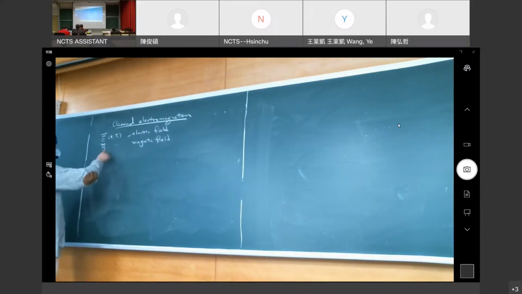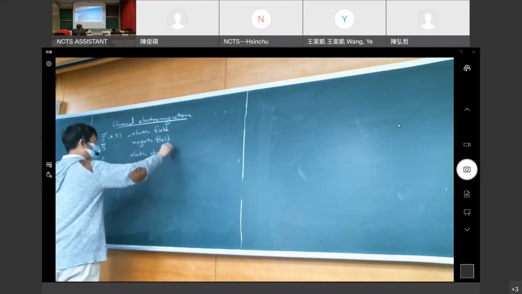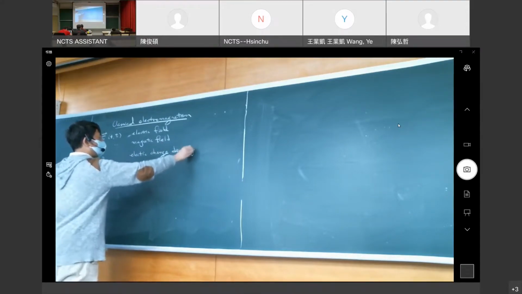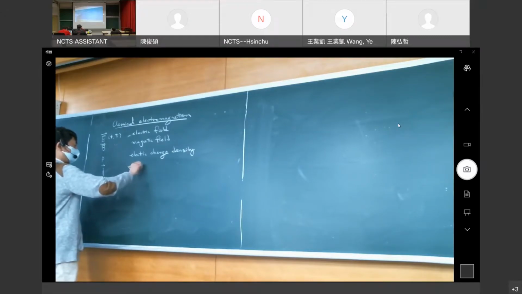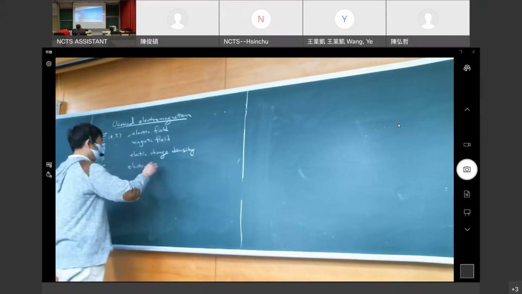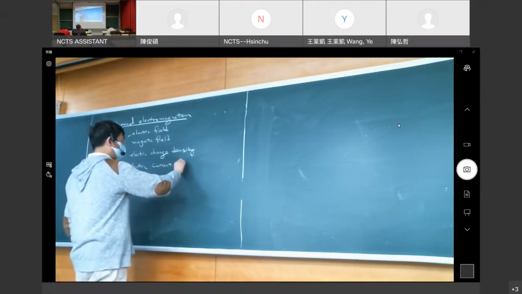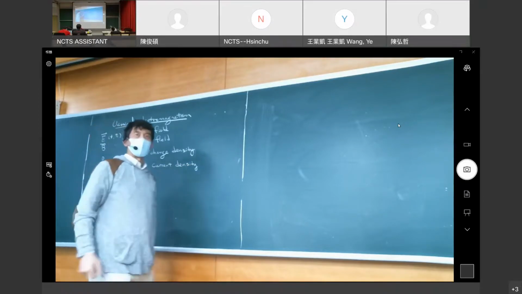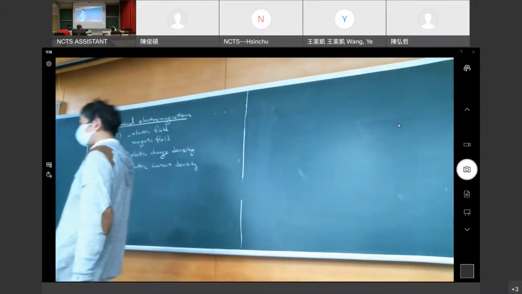So rho, that is also a function of space and time. This is the matter part, the electric charge density, the amount of electric charge per unit volume. And then there is the electric current density J. This is also per unit volume, but it has a direction because it flows in a certain direction.